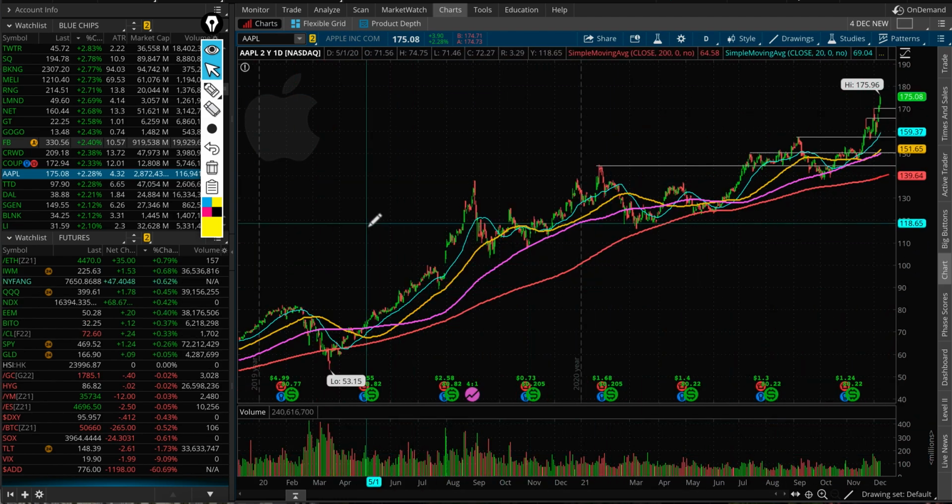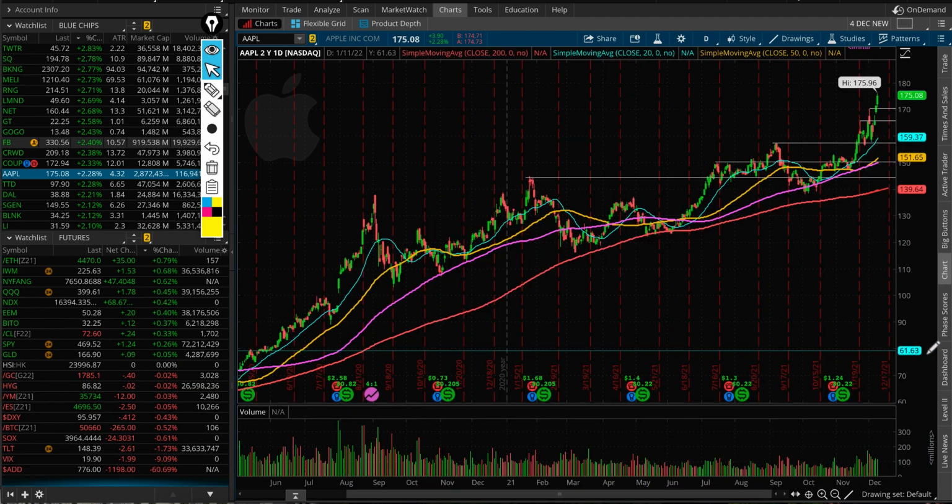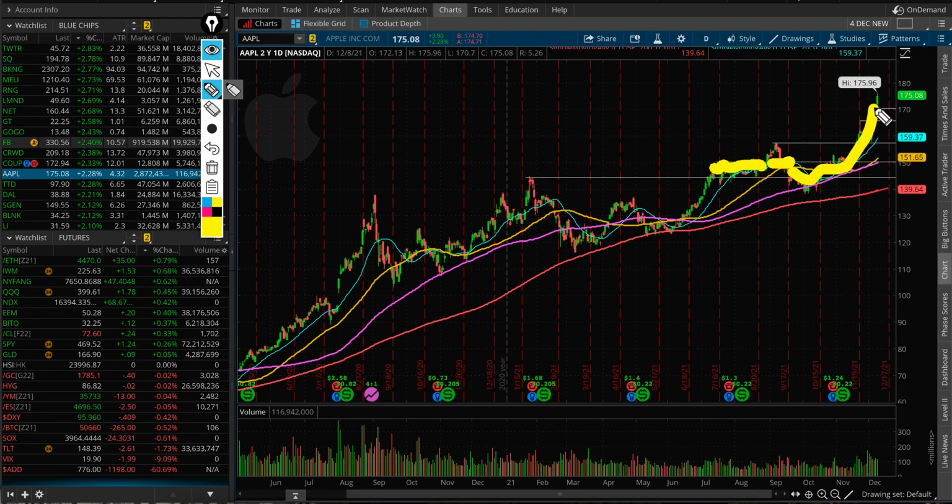Last time Apple was extended so far from its 50-day was right around here, and that was the same thing, about 15%. And look what it did. It doesn't come crushing down, but it does take a break, chop around, reconnect with the 50-day, and then you see the distribution maybe, and then you start to see another leg move up.